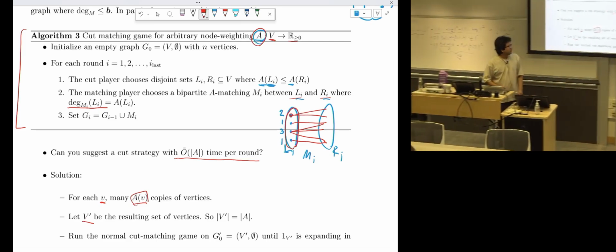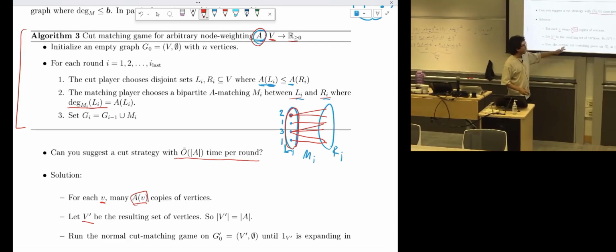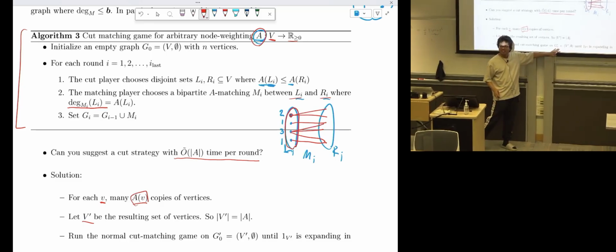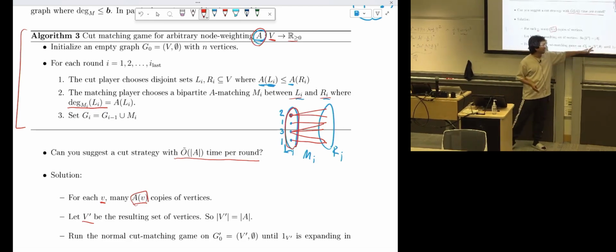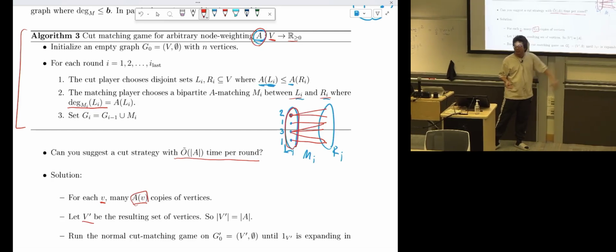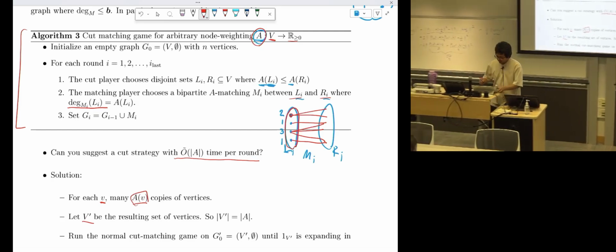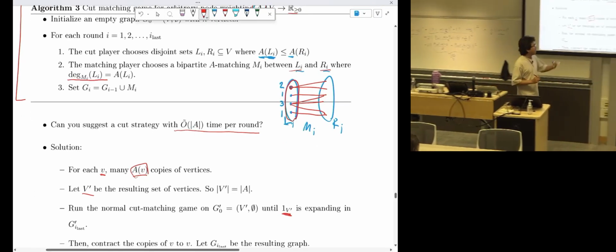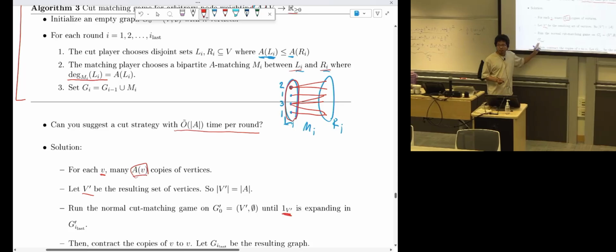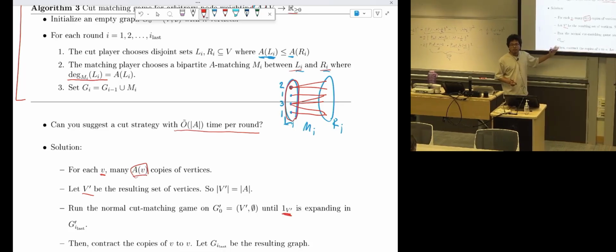And then you can just run the normal cut matching game on V prime, which has size A. So the time per round is something like A, because V prime is of size A. At the end, you're going to get that V prime is expanding in this graph G prime.